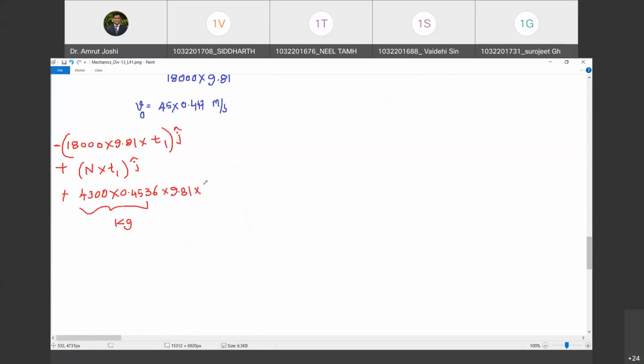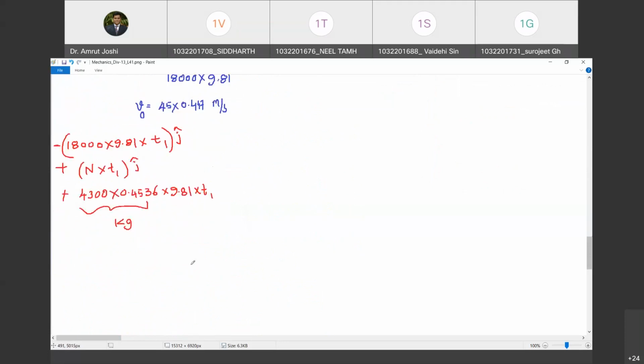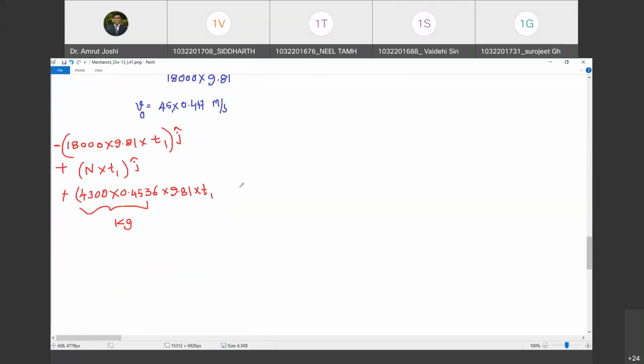Happy? Into T1, because we are writing down the impulse momentum principle from t equal to 0 to t equal to t1, the change in time is t1 minus 0, that is t1. Are you with me? Yes, sir. And this impulse is in positive x direction, so I will have to assign i cap with this. Do you agree with me?